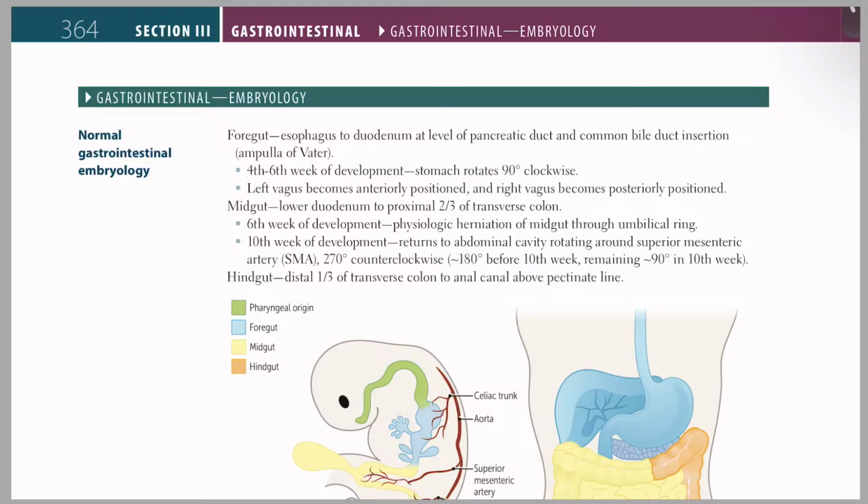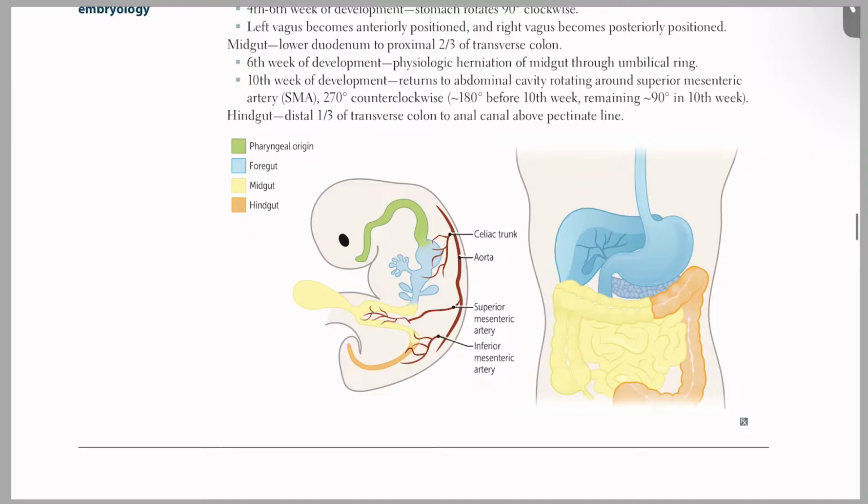Pharyngeal origin is indicated in green, foregut in blue, midgut in yellow, and hindgut in orange.